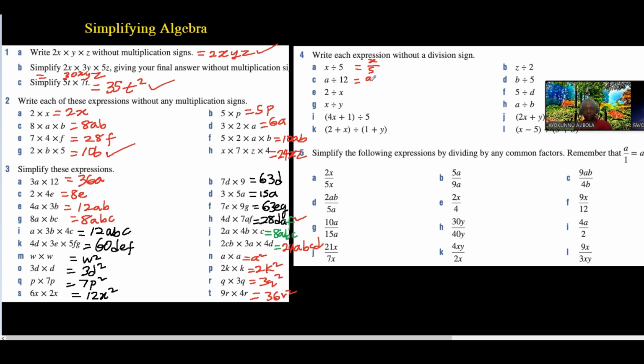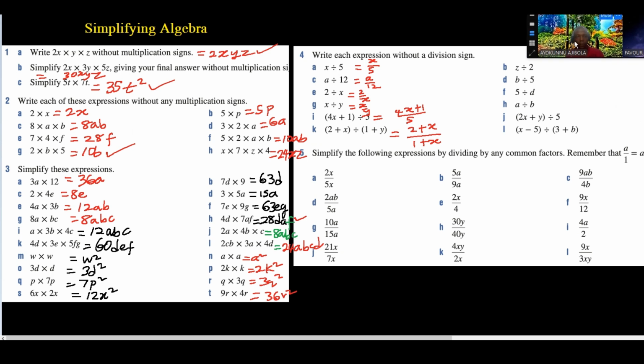Then this is going to be a over 12, 2 over x, then x over y. And the next one will be 4x plus 1 over 5. While the last one here on this part will be 2 plus x over 8, 1 plus x, okay?